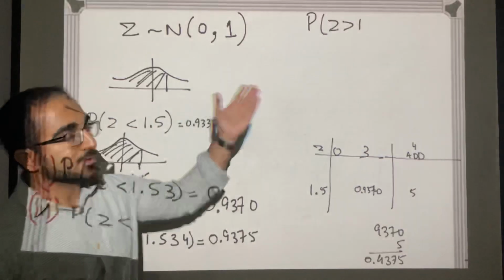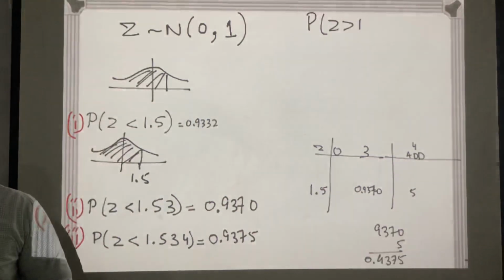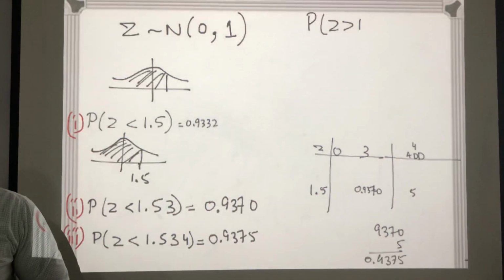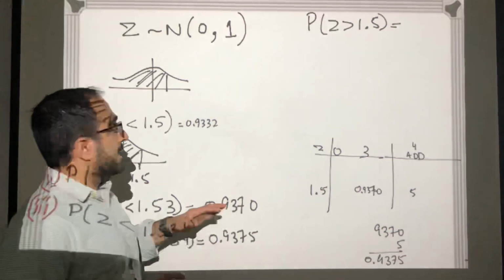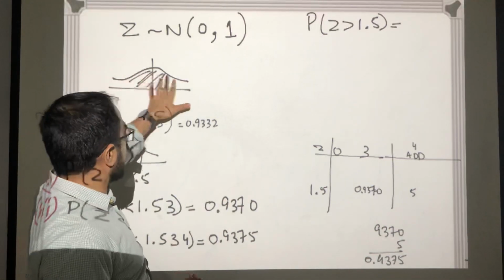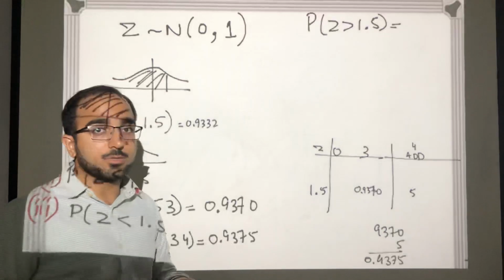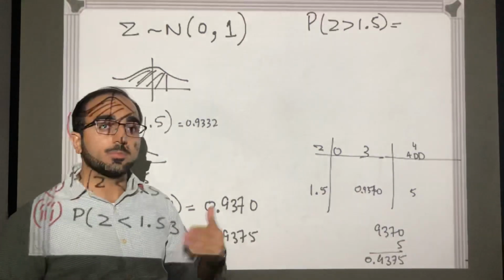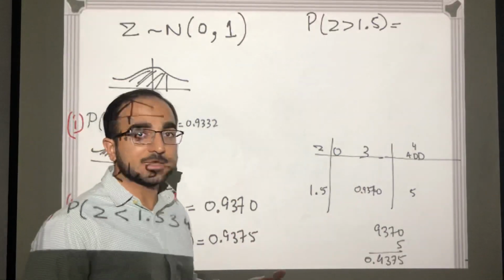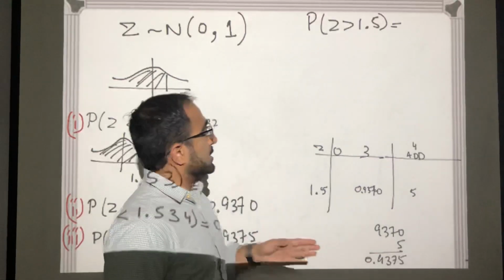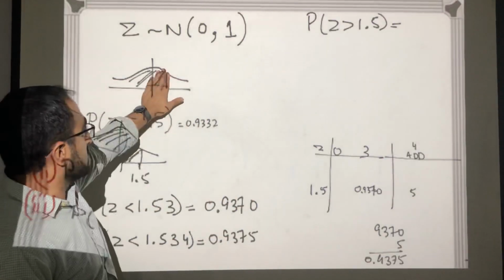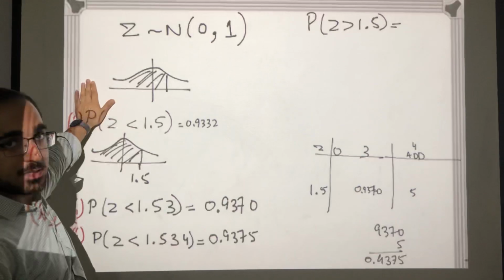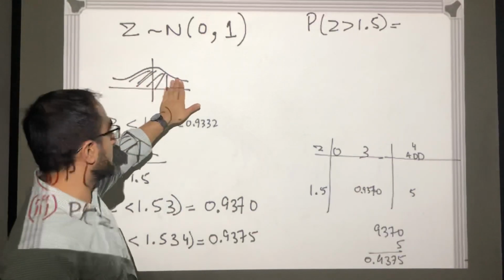So what if it is greater than a certain number? Let's say greater than 1.5 only. Now one thing that I need to know is that the entire area, the total area, is equivalent to 1. Why? Because the total probability, the sum of all the probabilities, is equal to 1. So if I know the probability for less than a certain number, how do I get the value for the greater than?